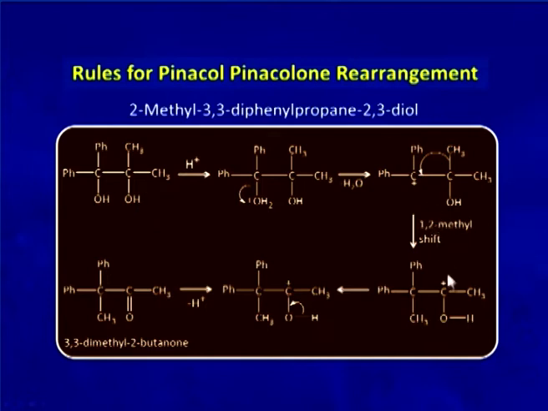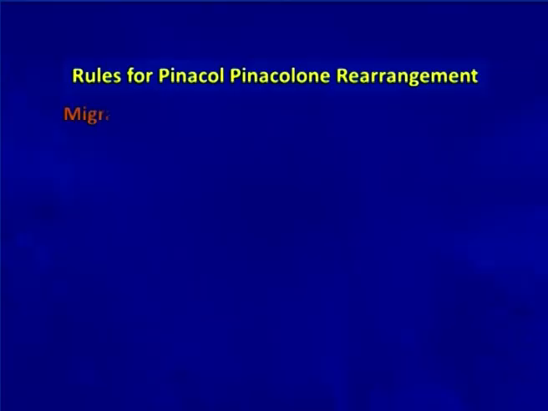As a result, there is formation of a deficiency at this carbon. The removal of a proton from this intermediate results in the formation of 3,3-diphenyl 2-butanone as the product.